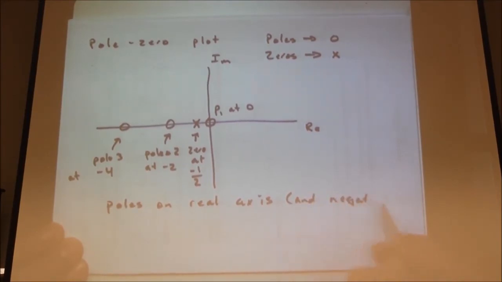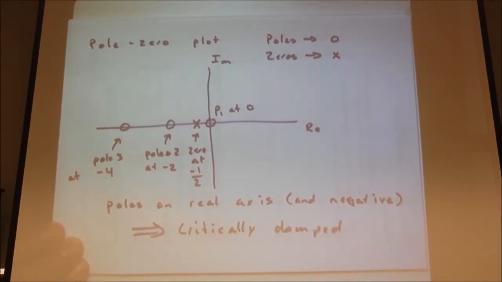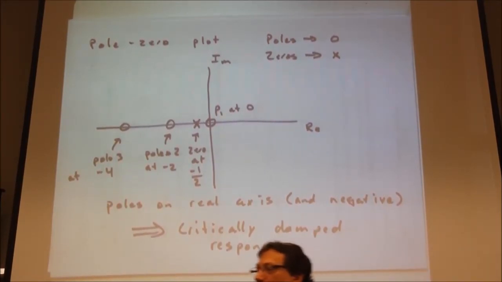We'll talk about positive poles in just a second. That means we have a critically damped response. So it's just another way of saying the same thing, but this is a plot format. If our poles are on the real axis, there's no imaginary term in our pole, we have a critically damped response.